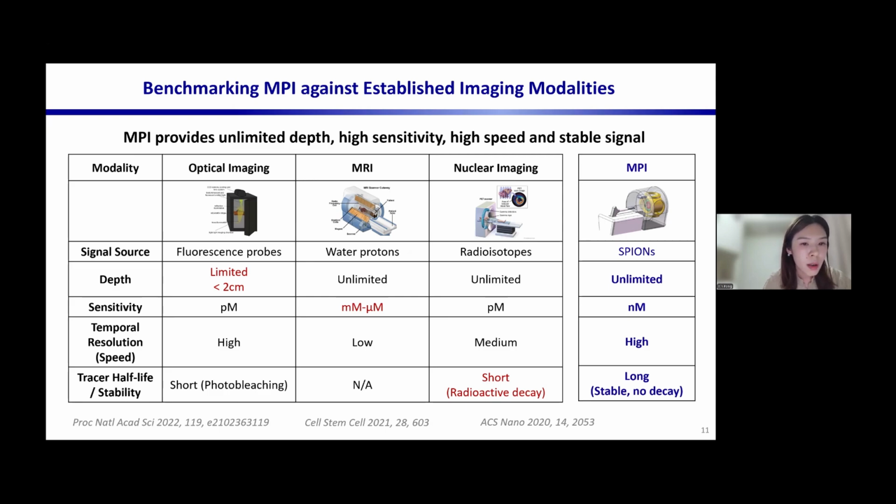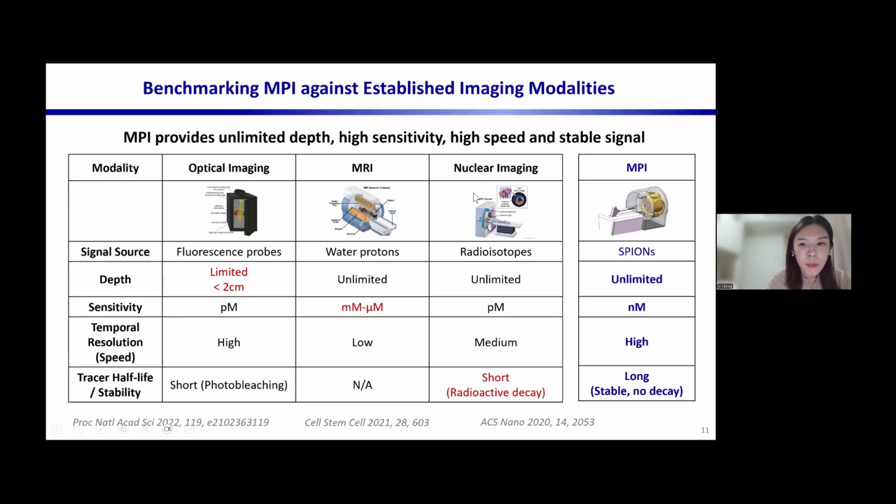However, optical imaging is severely limited by penetration depth because optical photons just can't travel very far through biological tissue. That's why deep body imaging can be nearly impossible with optical imaging. For MRI, as we know, it provides unparalleled anatomical structure of our body, but its sensitivity is relatively low, typically in the millimolar range.